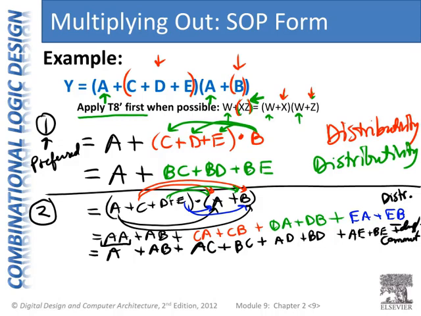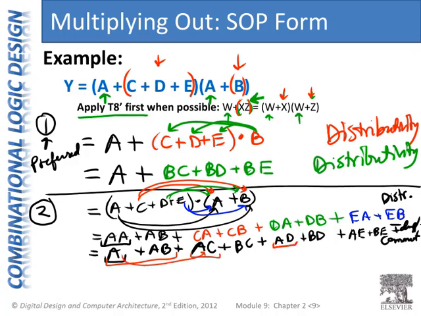Okay, so I've used idempotency here to turn A and A into A, and I've used some commutativity on some of the remaining terms. And now we're going to notice that A or A and B is covering. That will just reduce to A. A or A and C, also covering.